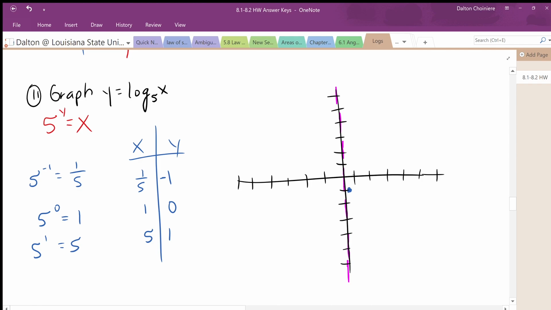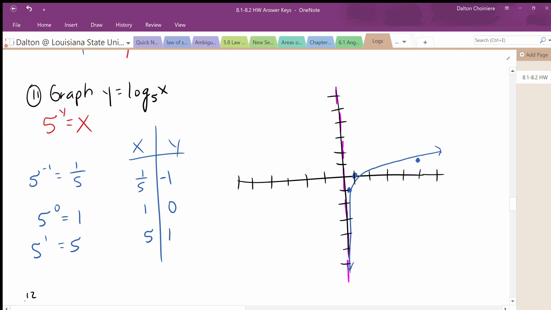Then 1, 0. Then 5, comma 1 would look like this. So there's your logarithmic function, y equals log base 5 of x.